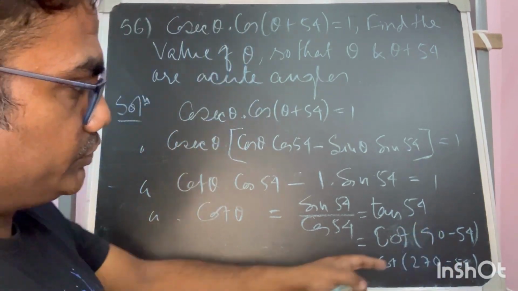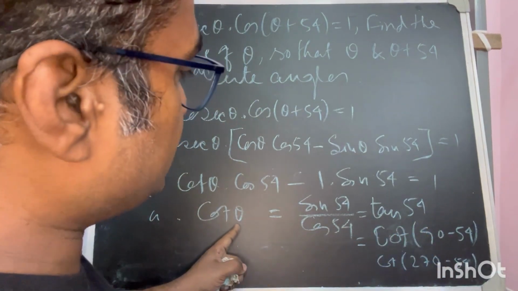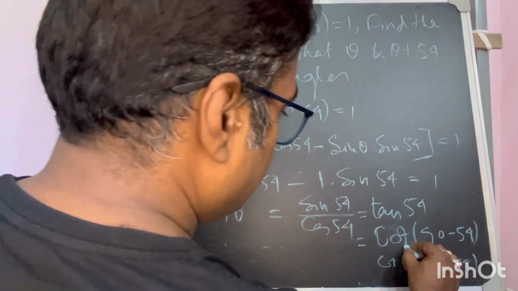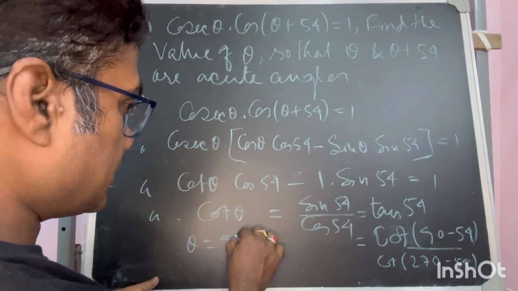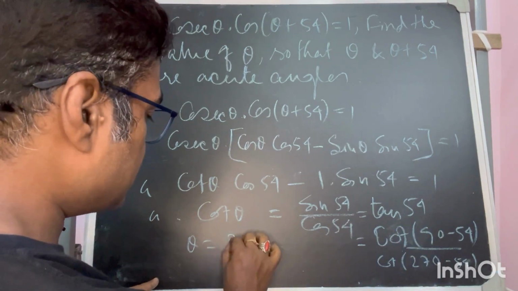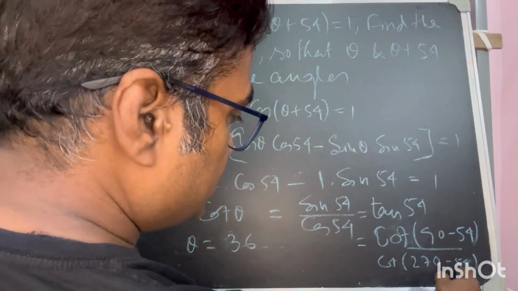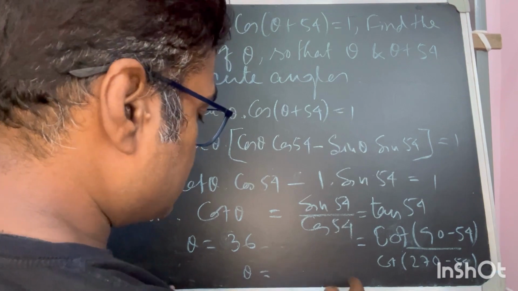So out of this, which one will you choose? Because theta has to be acute, if I choose the first one, this is 90 minus 54, which means 36. If I choose this one, theta will cross 90 degrees.